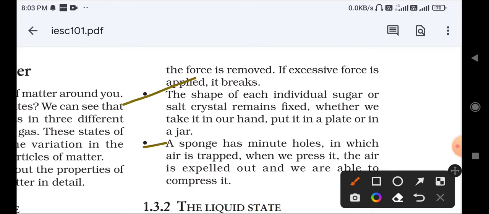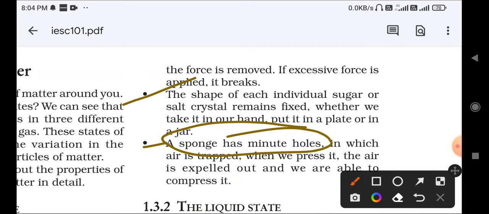Next, the sponge. Why are we able to compress a sponge? The sponge has minute holes in it, in which air is trapped. When we press it, the air is expelled out, and we are able to compress it.